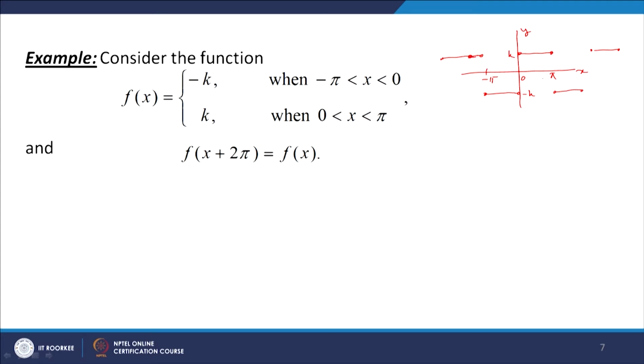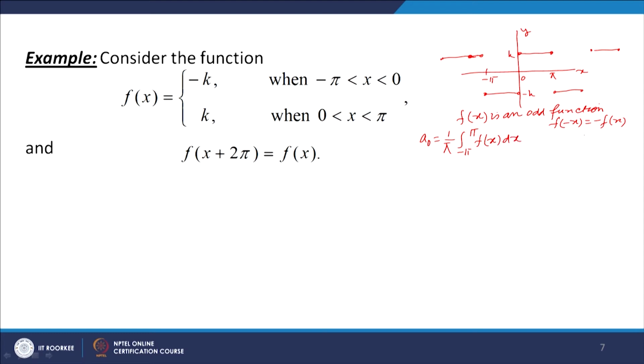So, you can see that this is an odd function, that is f(-x) is equal to minus f(x). If you look at Euler's formulas, a_0 is equal to 1 over pi, integral from minus pi to pi of f(x) dx.